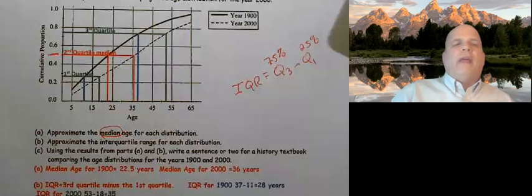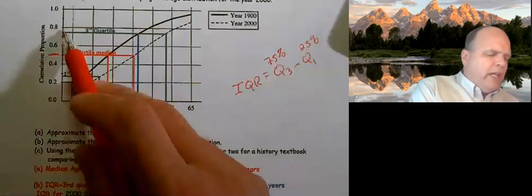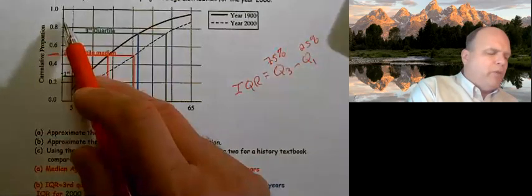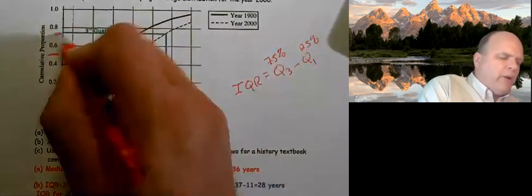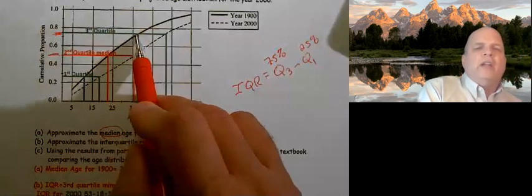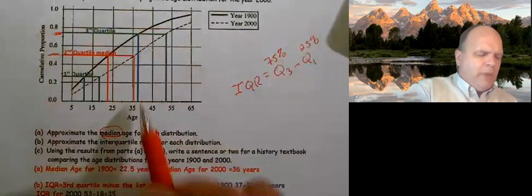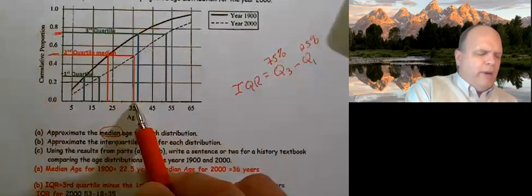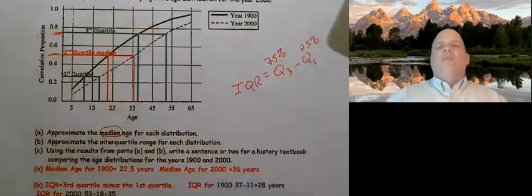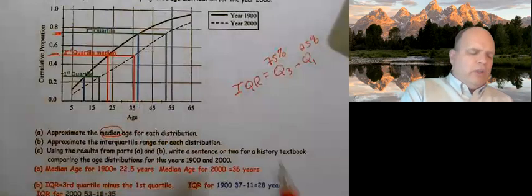So I go up here 20, 40, 60, 80. There's 70. Somewhere between 70 and 80, about there, and I drew a horizontal line. As soon as I hit the 1900 graph, I drop down. Somewhere between 35 and 40 is the 75th percentile. I said it was 37.